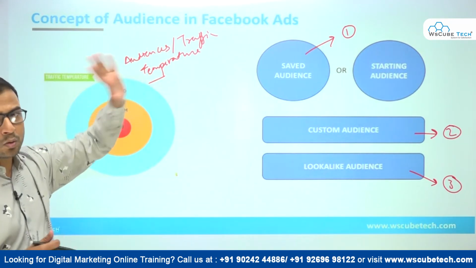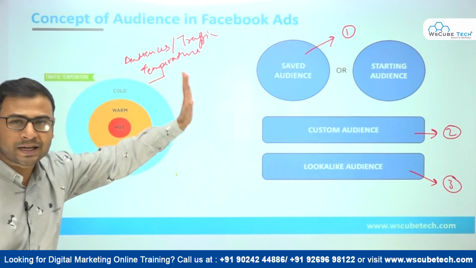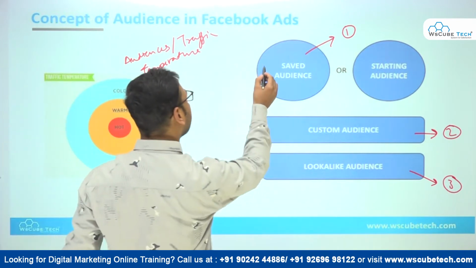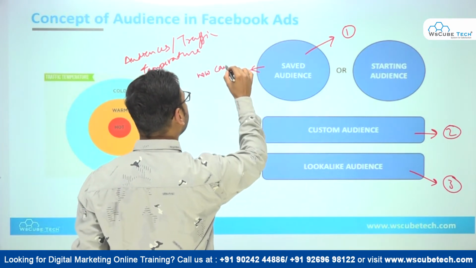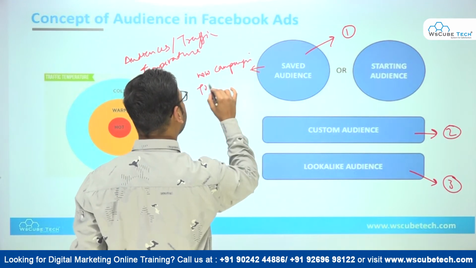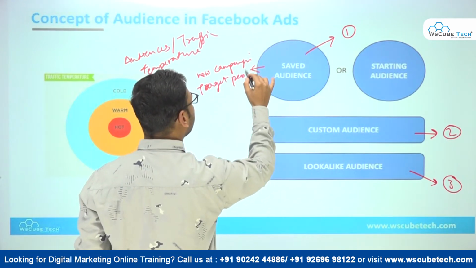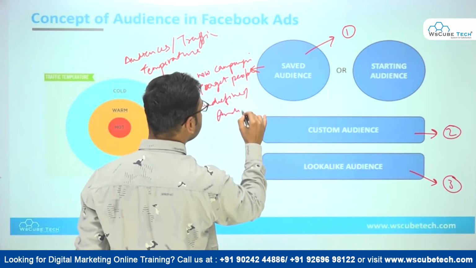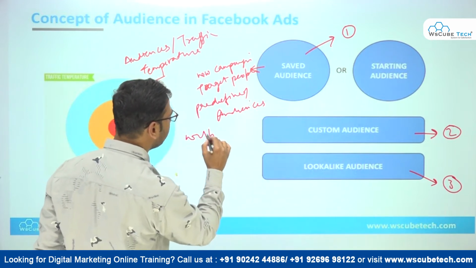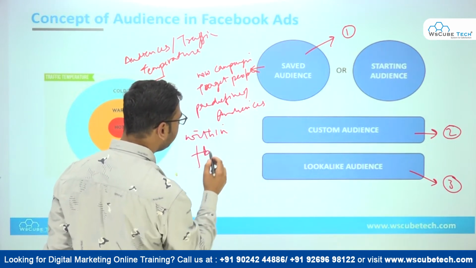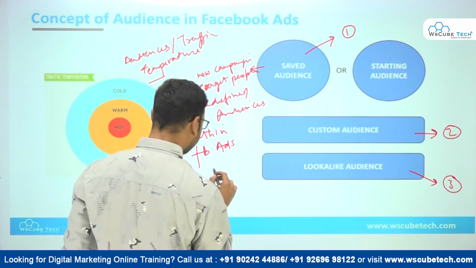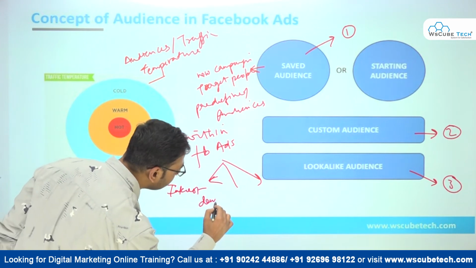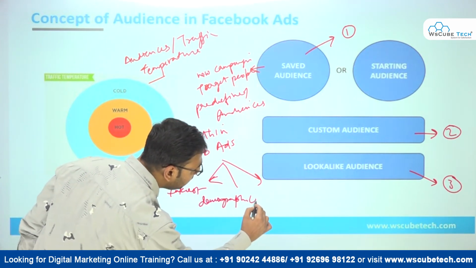In that particular case, what you do is you rely on saved audience. So saved audience is already there within the Facebook ad system. Whenever you are about to create a new campaign and you want to target people, you have some predefined audiences within Facebook ads, based on interest, demographics, and behavior.